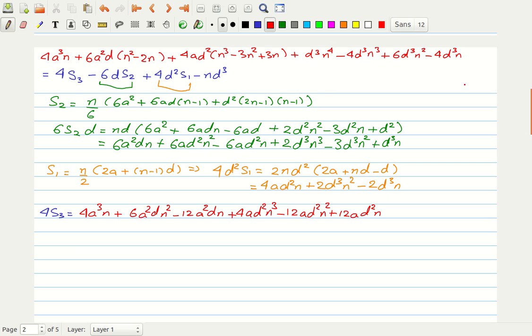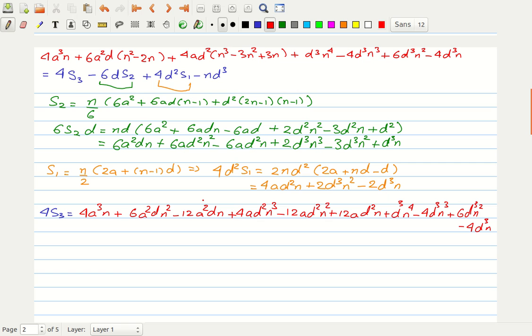Plus this term over here, d cube, 4 d cube n cube plus 6 d cube n square, and I think we are falling short of space here, minus 4 d cube n, right?